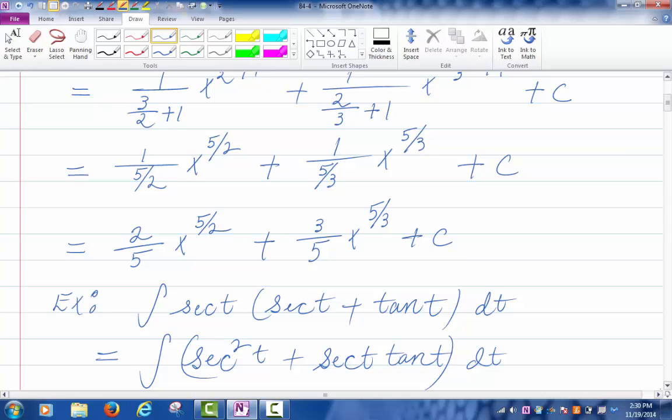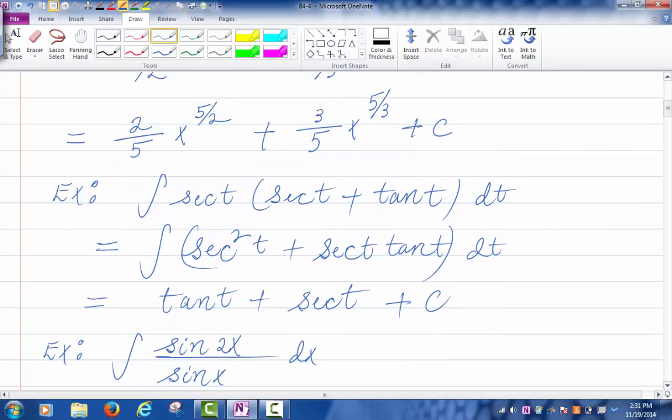And then, do I know the integral of secant squared? Yes, tangent t, right? And what's the integral of secant tangent? The integral of secant tangent is secant, right? The derivative of secant is secant tangent. So the integral of secant tangent would be secant. So I have tangent t plus secant t plus c. That's the integral of that product. Is that okay?